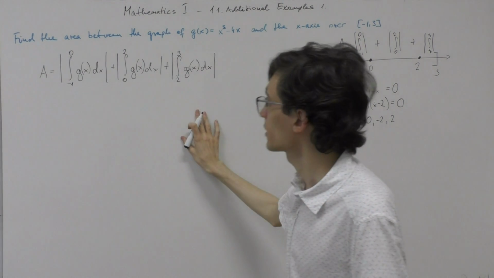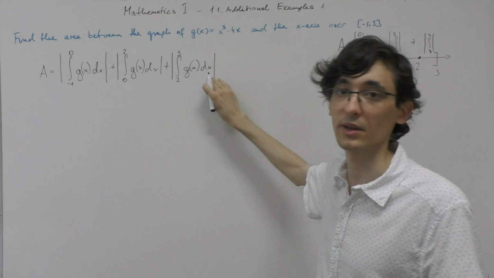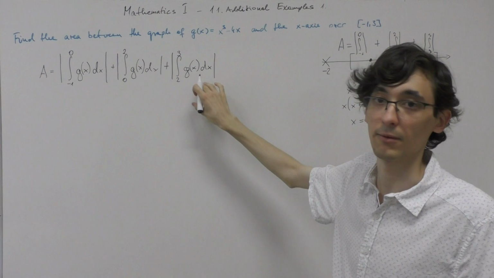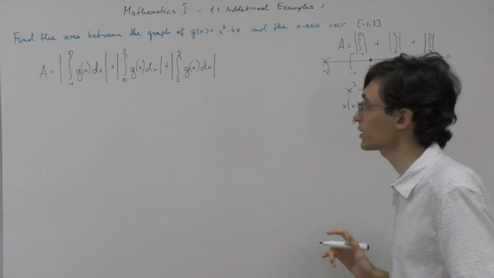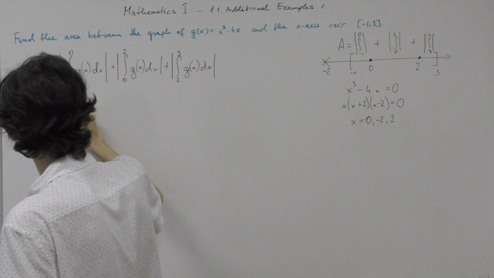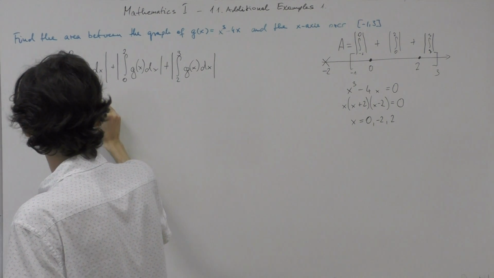And here we can see that we have the same function inside the integral in all 3 cases, so we only need to find one indefinite integral, being the integral of g(x) dx.